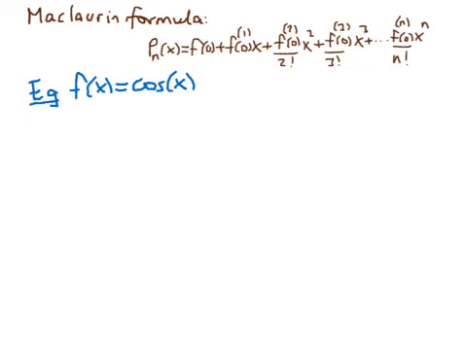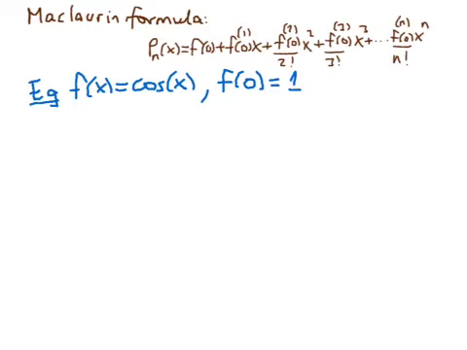And I now want to give 2 examples, and on this slide we're going to look at the example where we want to approximate the cosine function by a polynomial in the vicinity of x equals 0. So we need to work out what the function is at 0. That's the first term in our Maclaurin polynomial. And the cosine function evaluated at 0 is of course 1.